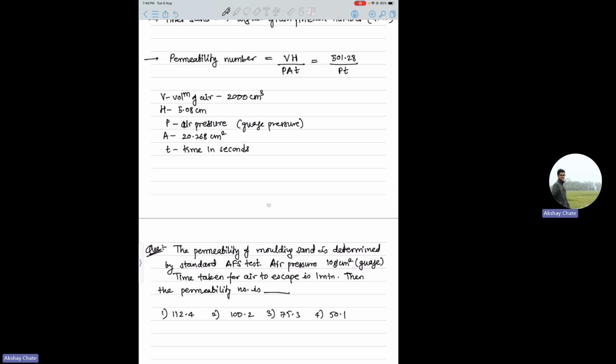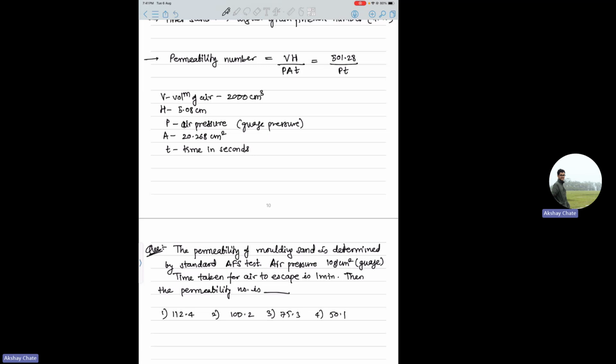I mean, we can find this constant here only. Volume is 2000 cm cube, height is 5.08, and cross-sectional area is 20.268, right?